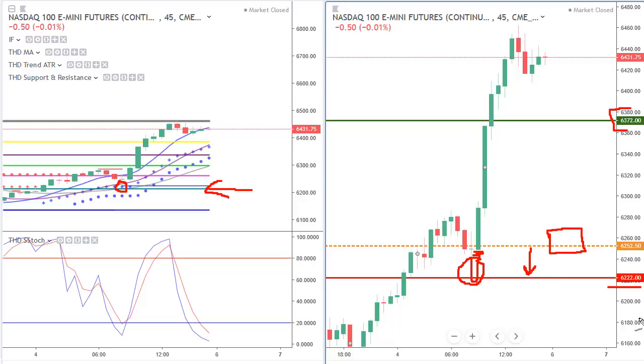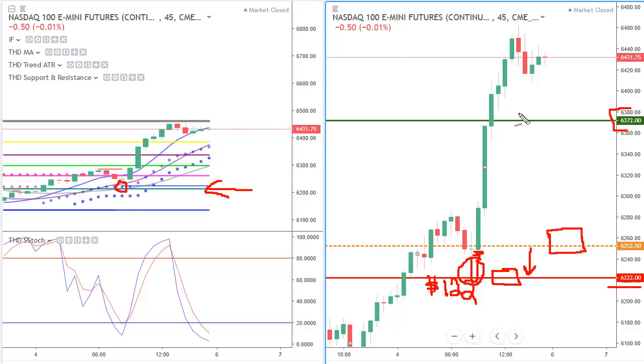Now, this is what's different with the touch brackets. If price comes back and touches this line, then you are automatically exited from your trade with a loss. In this case, the loss would have been $122.